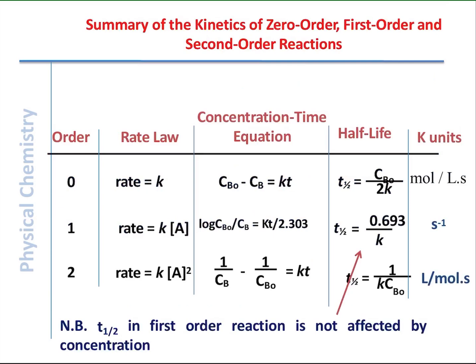For zero order reaction, the rate equals the rate constant, because the concentration of reactant will be raised to the power 0, which equals 1. For first order reaction, the rate will be K multiplied by the concentration of the reactant. For second order reaction, the rate will be K multiplied by the concentration of reactant to the power 2.